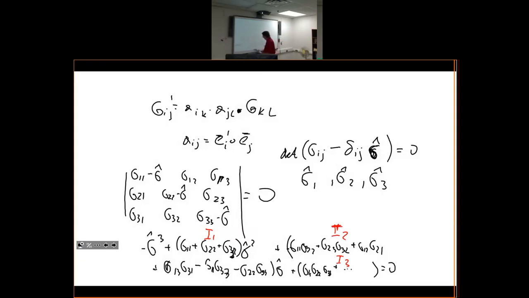So we can say that this equation is basically sigma hat cubed minus I1 sigma hat squared plus I2 sigma hat minus I3. As you can see, this is a third order polynomial. So you will get three terms, which are the principal stresses.